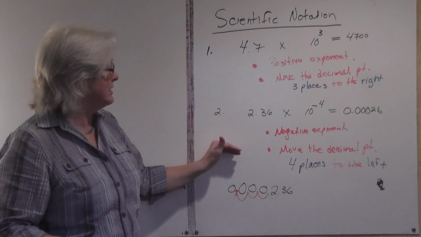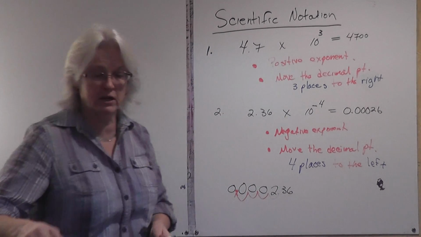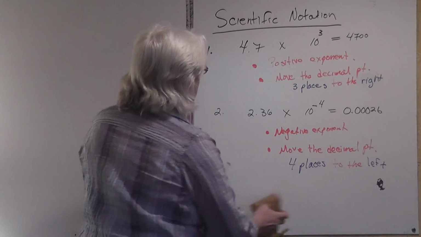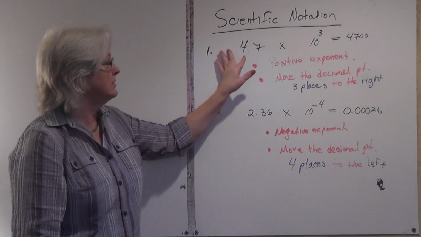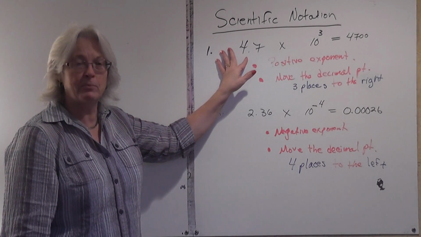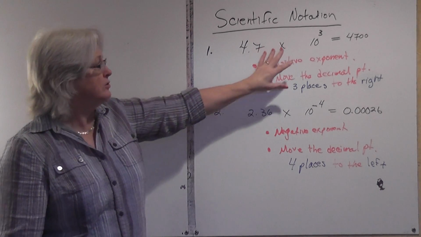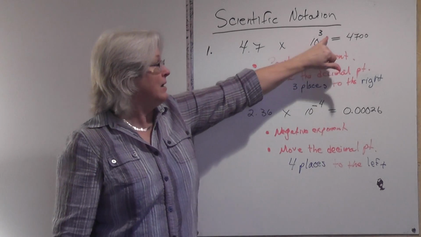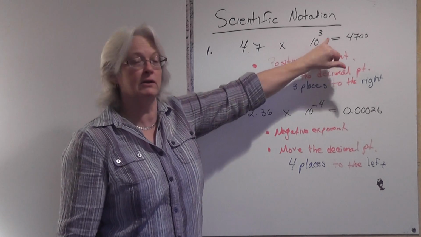That's really all that there is to scientific notation, is realizing that it's composed of 2 parts. First, you have a decimal portion that is a number between 1 and 10. Then you're multiplying that by a power of 10. The power is either going to be positive or negative.